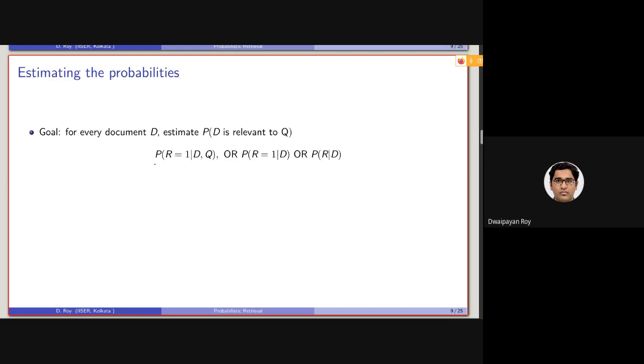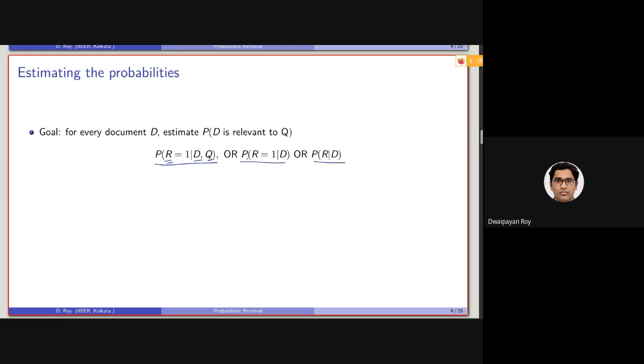So it can be mathematically written as either this or this or this. Probability of R equals 1. Here R is a Boolean indicator variable which can be either 0 or 1. 0 means non-relevant, 1 means relevant. So probability of R equals 1 given the document and the query, that is, we are observing a relevance given that particular document and the query.